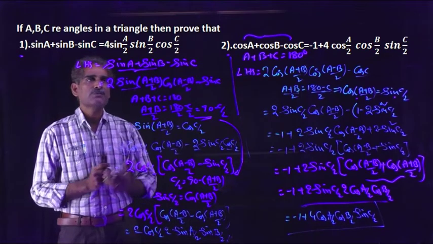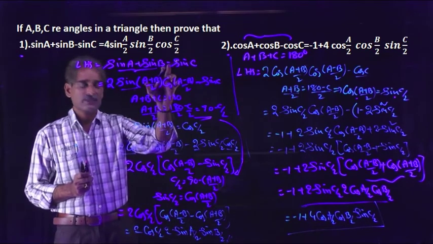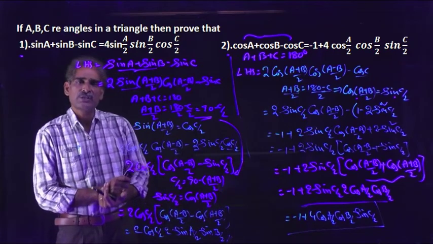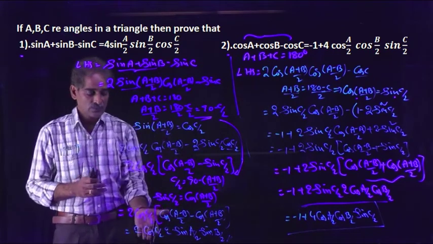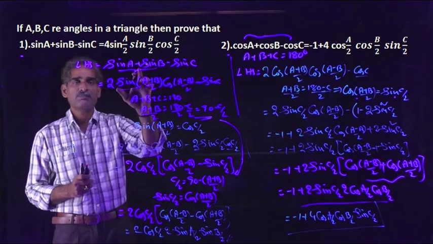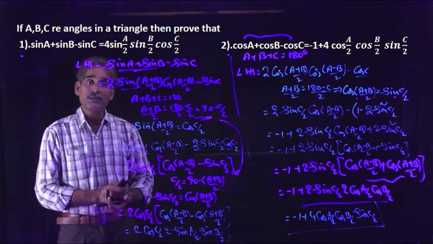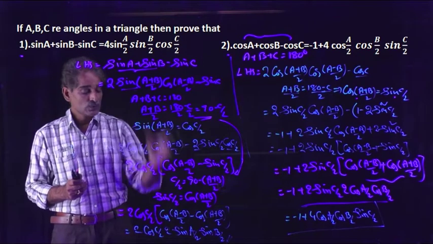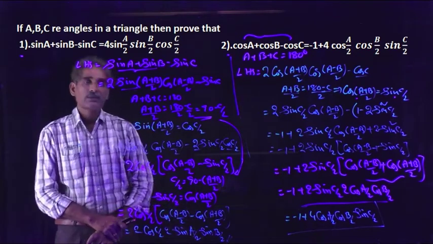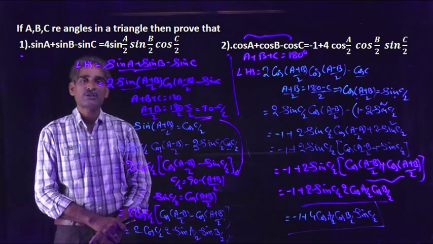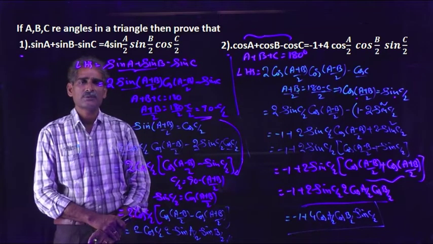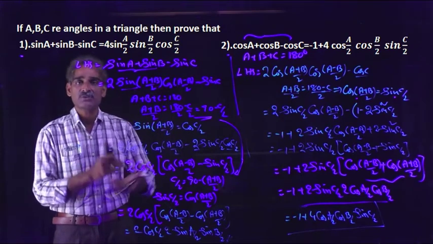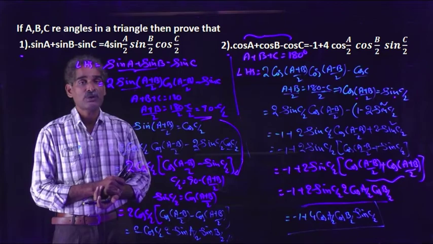If suppose plus is there here also, then we will get all the same functions: sin a by 2, sin b by 2, sin c by 2. If minus is there at c, we get cos c by 2. If minus is at b, we get a cos function at b. If suppose minus is in front of sin a, we will get 4 cos a by 2, sin b by 2, sin c by 2. If you observe clearly, you can remember this answer also. For objective point of view, it is very important.